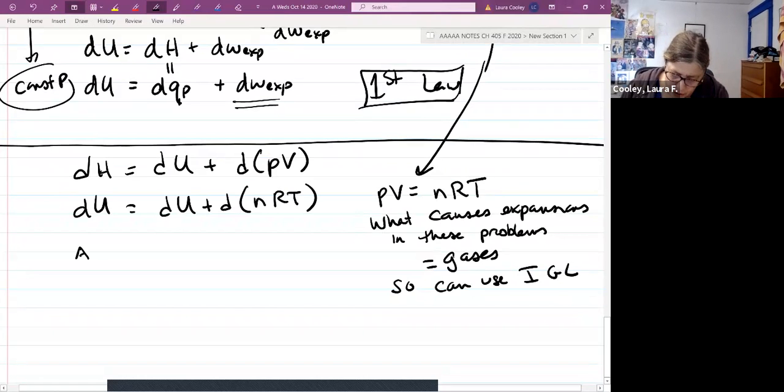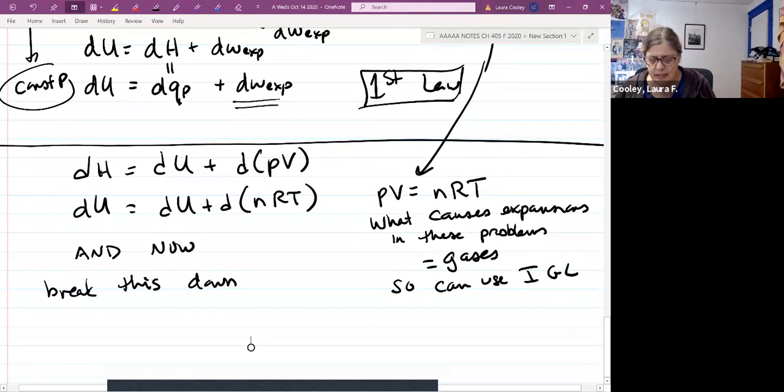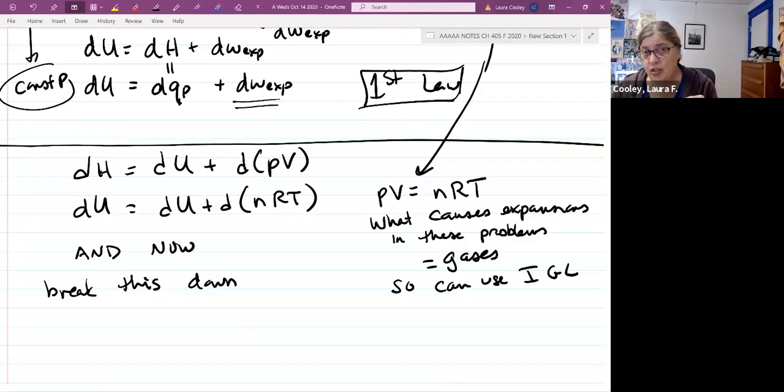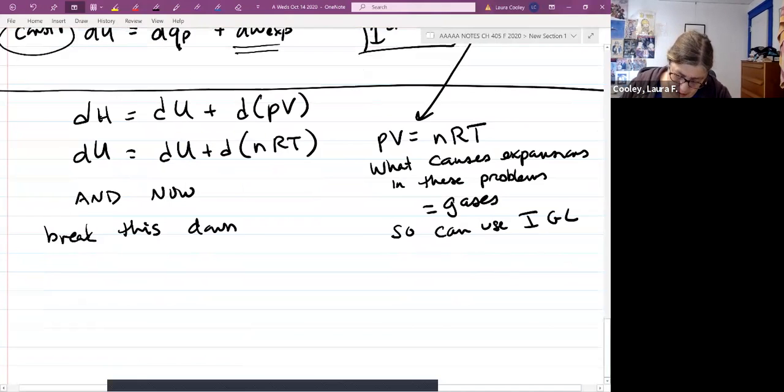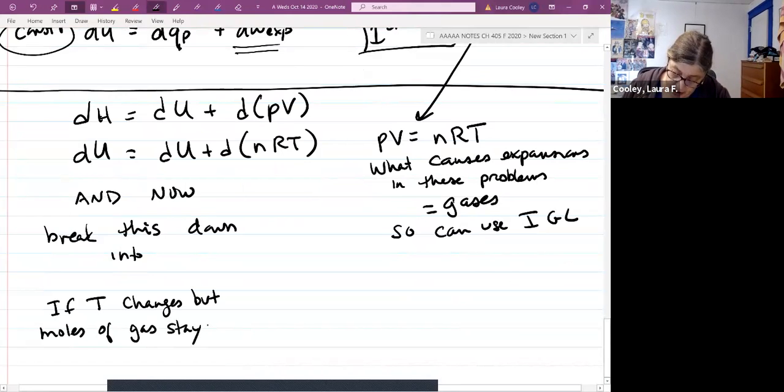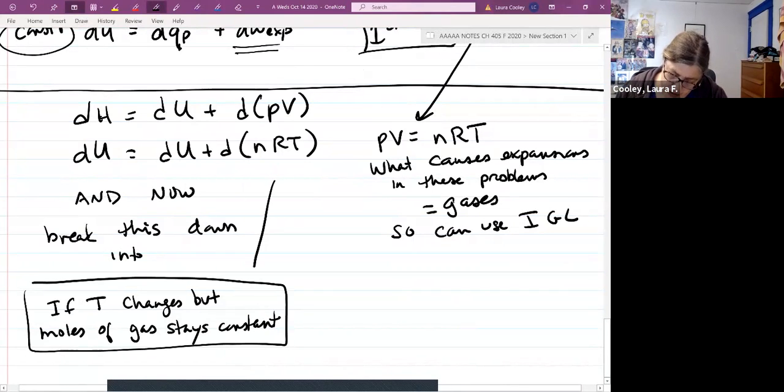And now what we do is we break this down into two different cases. The case where the temperature changes, but the gas moles are not changing. That would be for a heating, for example, where you're not changing the number of moles of the things you're heating. So if the temperature changes, but the moles of gas stays constant, that's one of the things we're going to have.